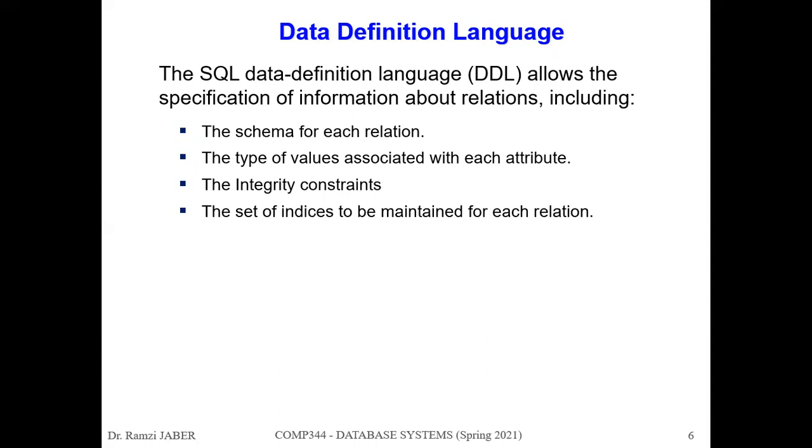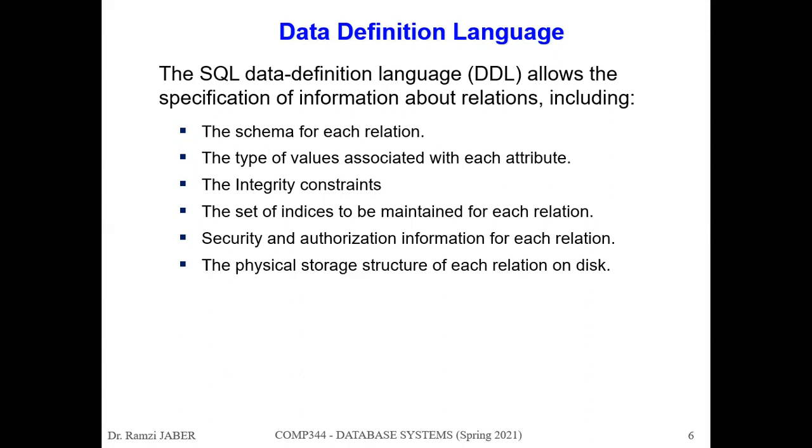The set of indices to be maintained for each relation, like a pointer, we'll see it later. Security and authorization information. And of course, the physical storage structure for each relation on disk.